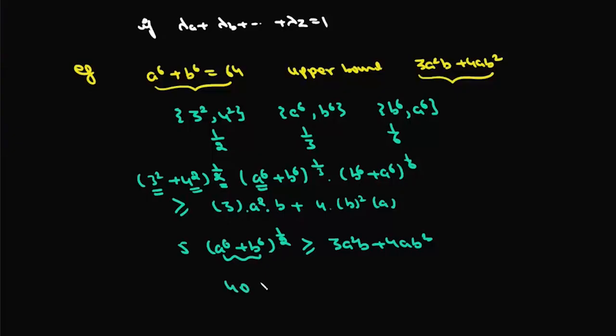So we can write 40 is always greater than or equal to 3a square b plus 4a b square. So the upper bound of this expression is 40. Now it is an upper bound, and it necessarily doesn't guarantee that the maximum value of this expression is 40. This thing you have to keep in mind whenever you are using Holder's inequality.